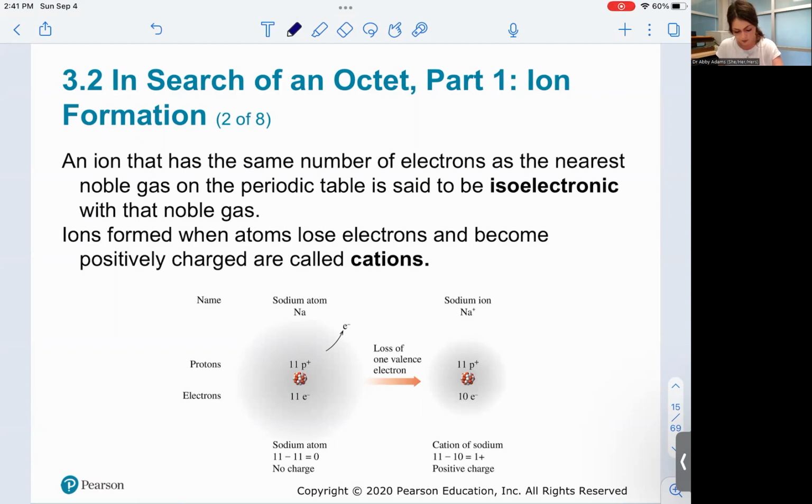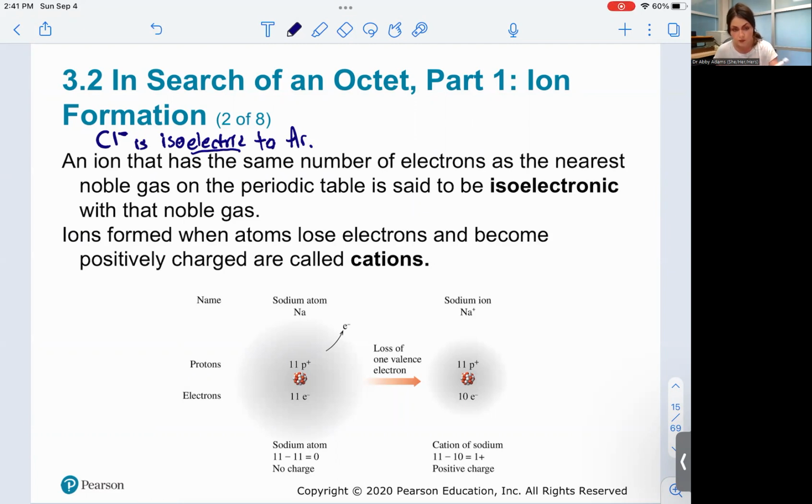So you would say that this chlorine ion, a chlorine anion, is isoelectric to argon. Okay, just regular argon. So iso means same, all right? Electric, it's like electron. So same electrons, they're isoelectric.